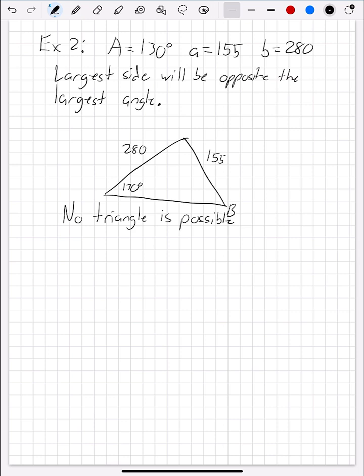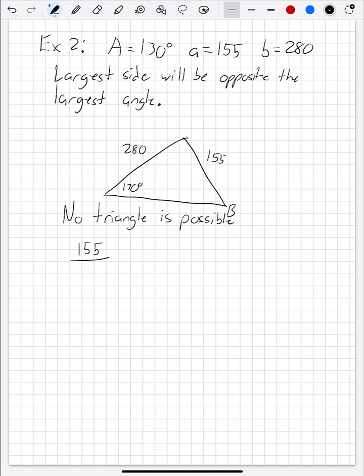So that is just something to be on the lookout for, that there's a chance that you won't get a triangle possible. However, let's say that I wanted to solve this. Maybe I didn't recognize that rule, so I go through the solving. I'm trying to solve for B here.